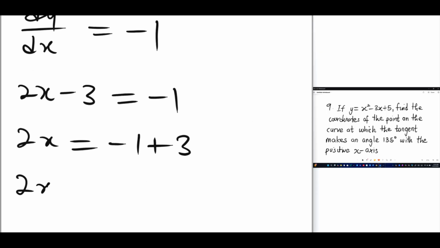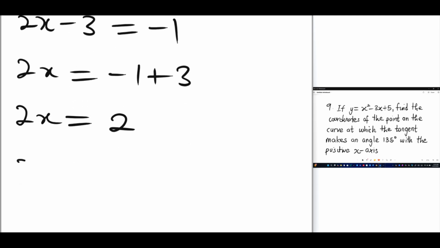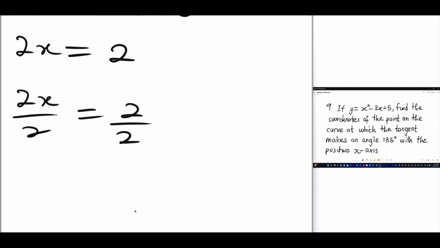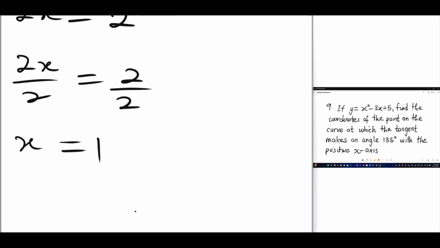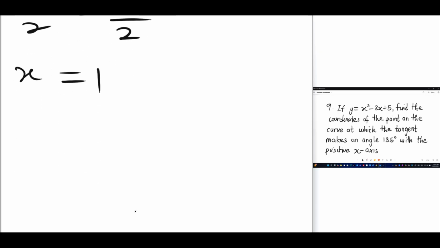This gives us 2x equal to 2. We divide through by the coefficient of x, so 2x divided by 2 equals 2 divided by 2. Then we have x equal to 1. This is the x coordinate of the point where the tangent touches the curve.